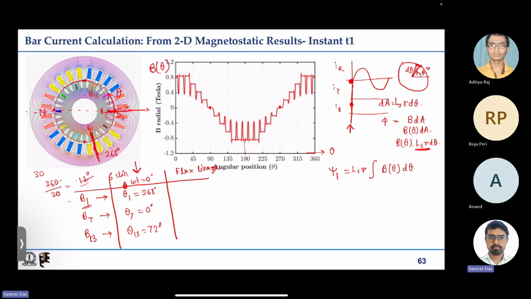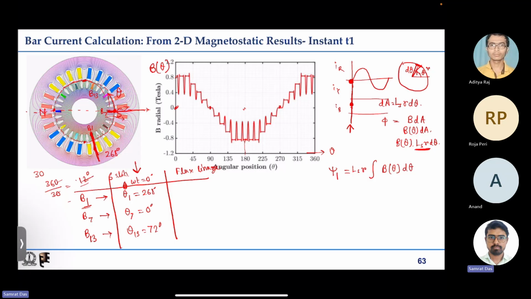If we have to calculate the flux linkage of a coil, one turn is at 0 degree, and the other side of the turn will be at 180 degree.